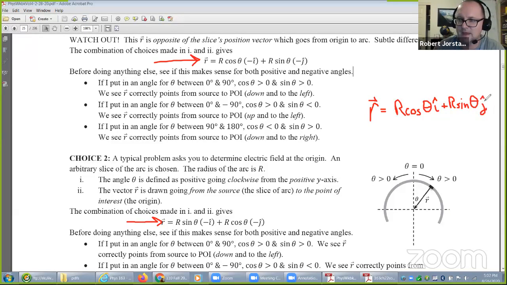This is the standard math. Now in these problems, we're actually going from the source, which is out here, towards the center. That's why we get these minus signs right here. That's the source of the minus signs.